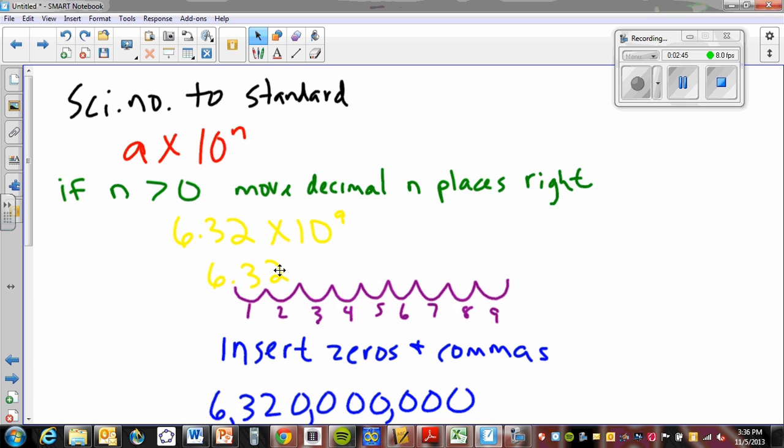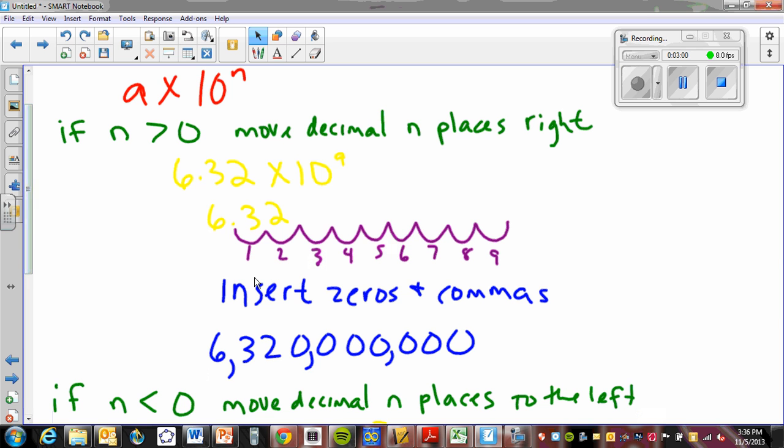We have 6.32. We're going to move it 9 places to the right. 1, 2, 3, 4, 5, 6, 7, 8, 9. There's a bunch of stuff missing here, and all we do is insert zeros, and we put commas in to separate our hundreds, our thousands, our millions, our billions, our trillions, and so on and so forth.